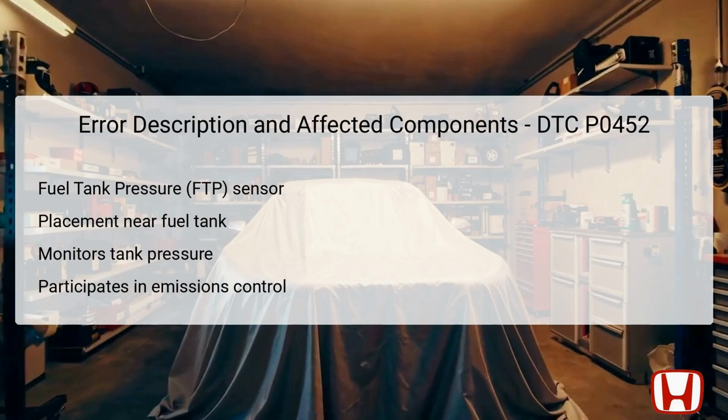A malfunctioning FTP sensor can lead to various issues such as incorrect fuel pressure readings, potential fuel leaks, and increased tailpipe emissions. The sensor typically operates within a voltage range that allows the ECM to evaluate the fuel system's performance. Thus, understanding its role and location is crucial for accurate diagnostics.